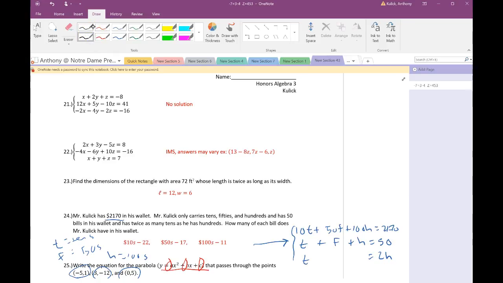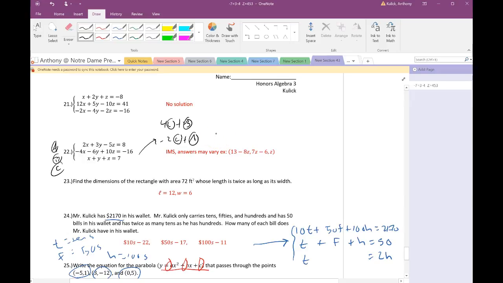So you're talking about this one here? Okay, let's do this via elimination. So again, if this is A, B, and C, I would do 4 times C plus B, and then I would do negative 2 times C plus A, right?